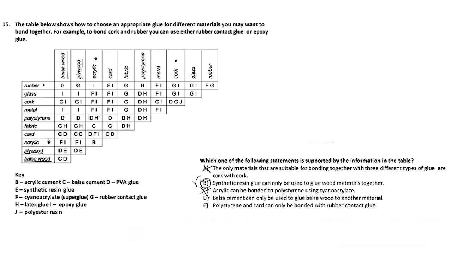Statement D, balsa cement can only be used to glue balsa wood and another material. So balsa cement, letter D, no, letter C. Balsa cement can only be used to glue balsa wood to another material.